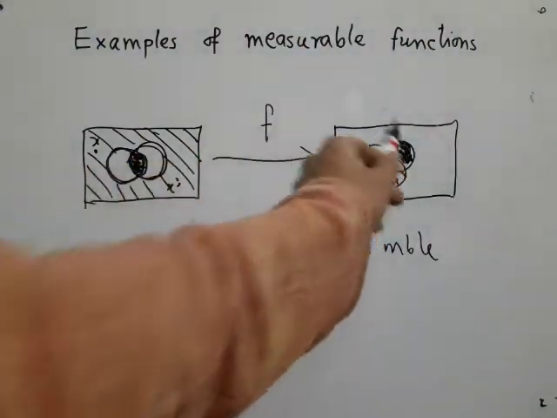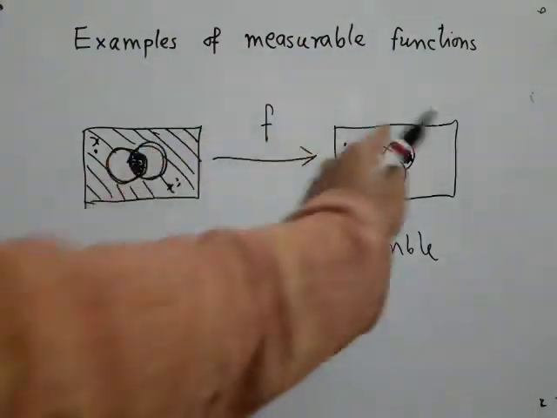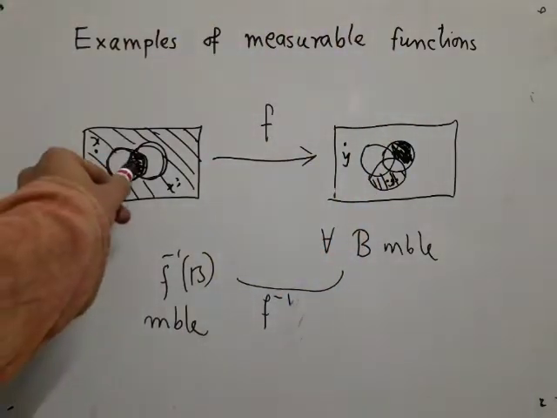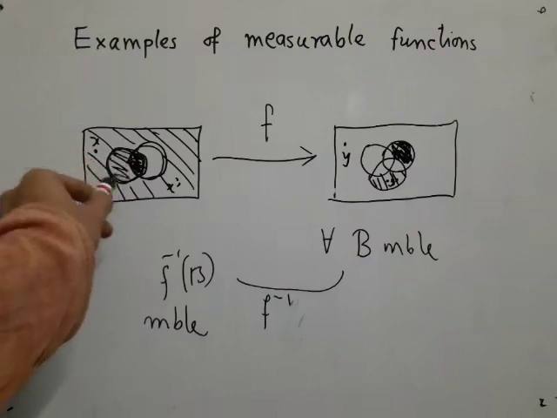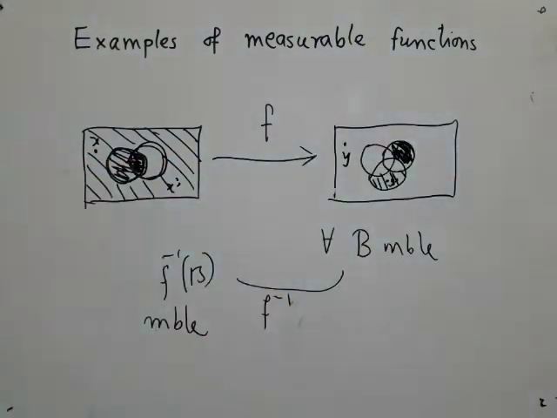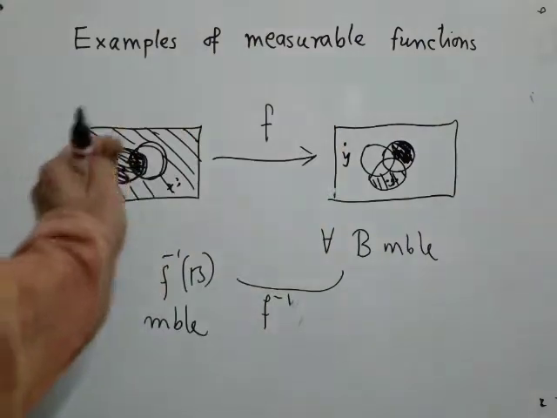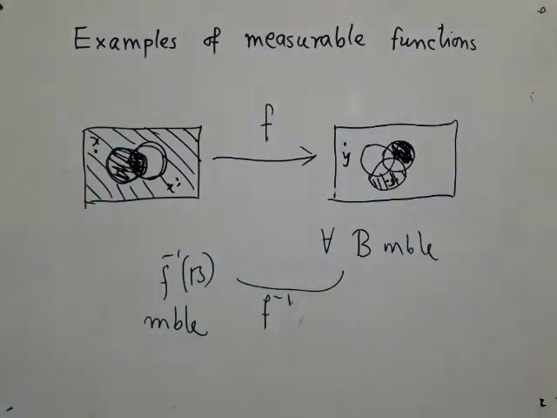You are absolutely free to choose how you map this to that. And similarly, each of the partition blocks must go to a single partition block. It is quite possible that this and this both will go to this point. That is not a problem. But every partition block here must go to a single partition block. If part of it lands here and part of it lands there, then it will not be measurable. So that is the if and only if criterion of a function being measurable with respect to a sigma algebra.